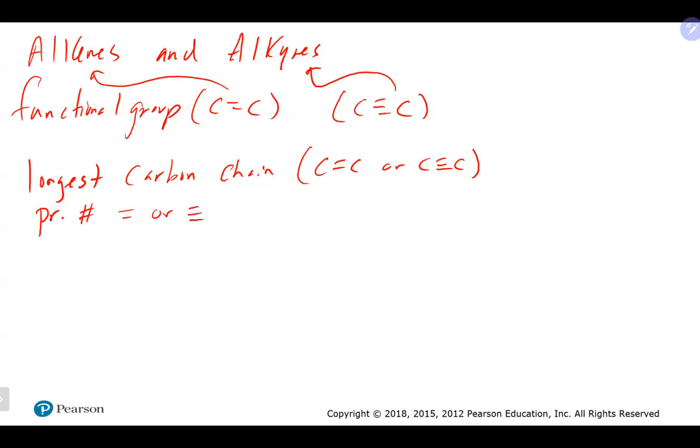And depending on which way you name it or number it, everything else that's attached will be numbered accordingly. We do change the name. So if it has a double bond, it will end in ENE. And if it has a triple bond there, it will end in YNE, as to how we go about naming those guys there.